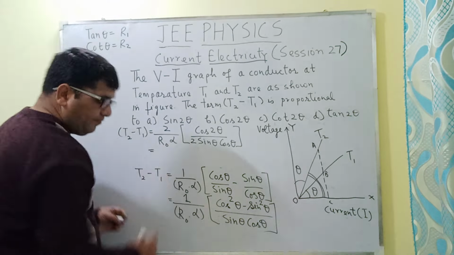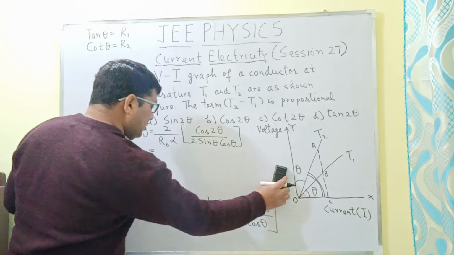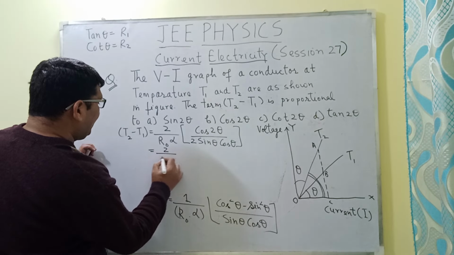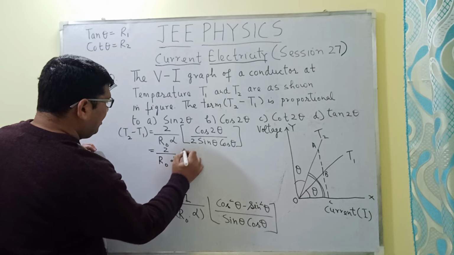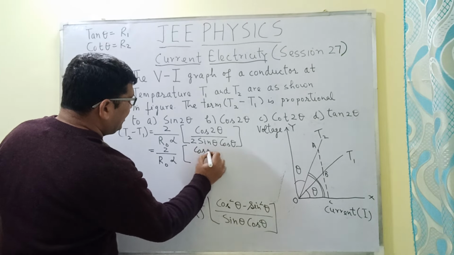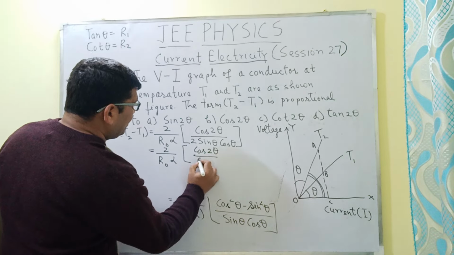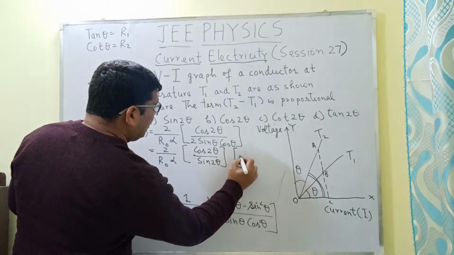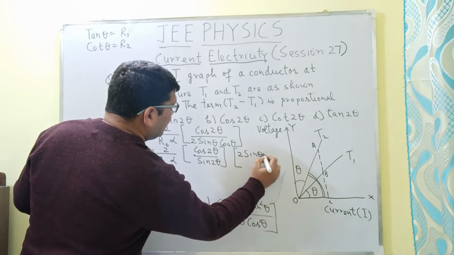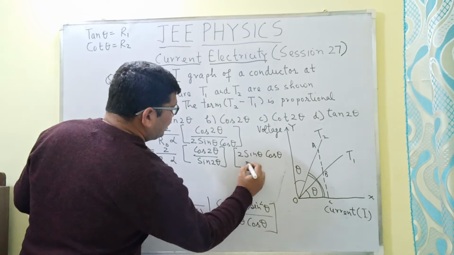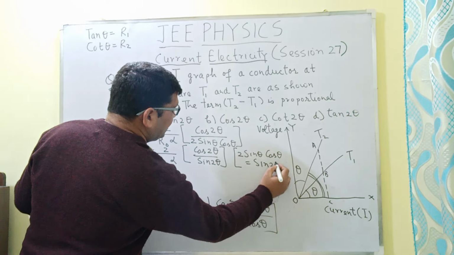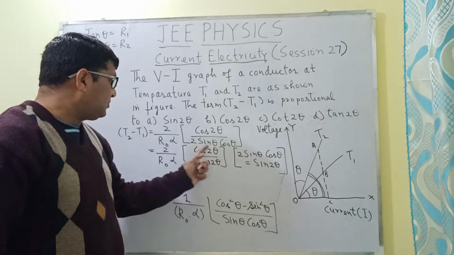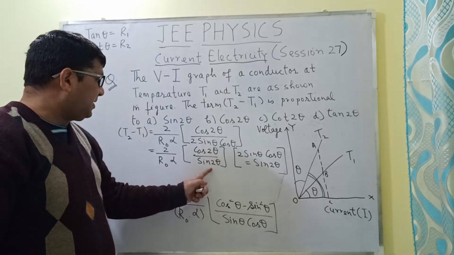So it implies that now this is equal to 2 divided by R naught alpha, and this is equal to cos 2 theta divided by sin 2 theta, because 2 sin theta cos theta is equal to sin 2 theta. So I have substituted the value of 2 sin theta cos theta by sin 2 theta.